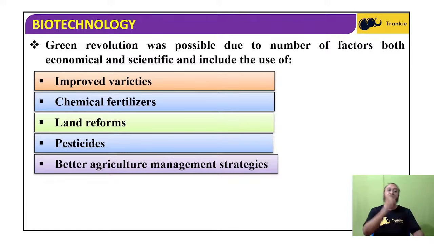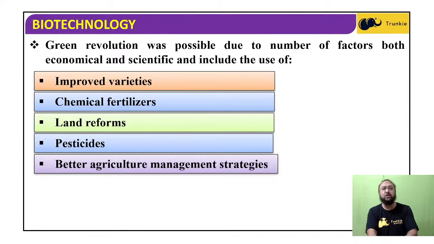Okay, so improved varieties. Now chemical fertilizers also played an important role in the success of green revolution. Land reforms, that is, how the land should be used in agriculture. That is important: how it should be used, how much should be used, and how much should not be. There should not be any construction of buildings or structures to disturb the agriculture.